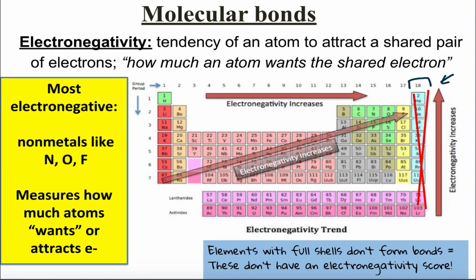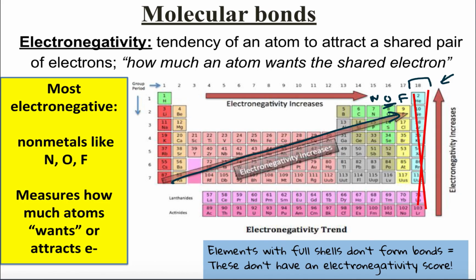Okay? Now, a few things. Generally speaking, as you go up and right, the atoms on the up and most right-hand side are more electronegative. The most famous ones are nitrogen, oxygen, and fluorine. And oxygen is the key one here because a lot of our stuff, especially in biology, involves oxygen.